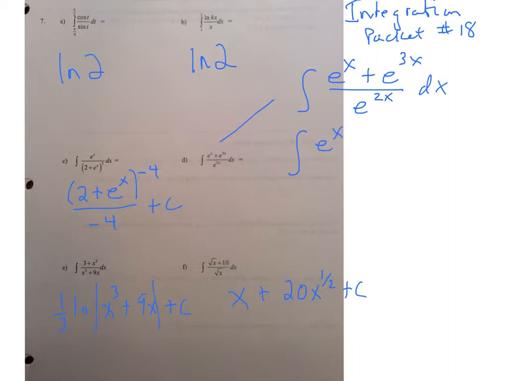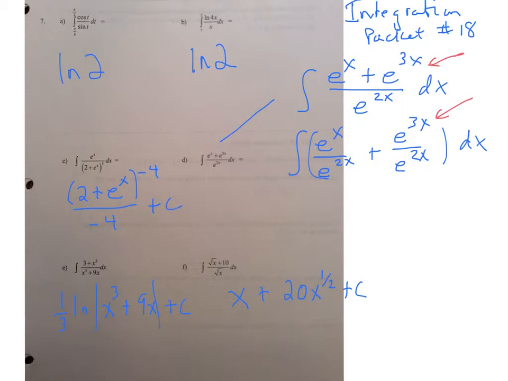What I mean by that is if I take e to the x divided by e to the 2x plus e to the 3x divided by e to the 2x, we have separated the combined fraction into partial fractions.